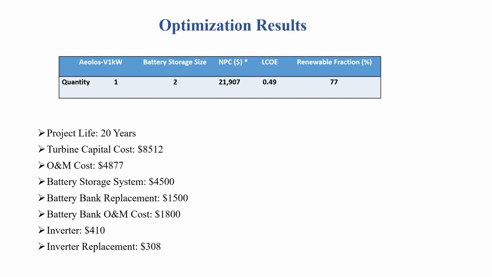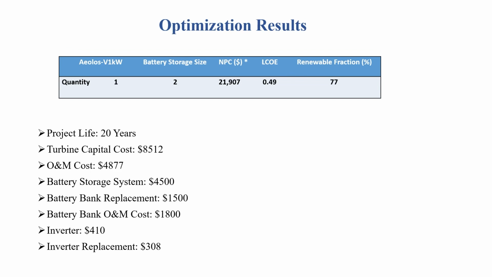Here is the optimization result from Homer Pro. As our project lifetime is 20 years, the optimization shows the NPC is $21,907. That includes the turbine, battery, and the inverter installation cost. Besides, the operation and maintenance cost and the replacement expenses have also been considered.